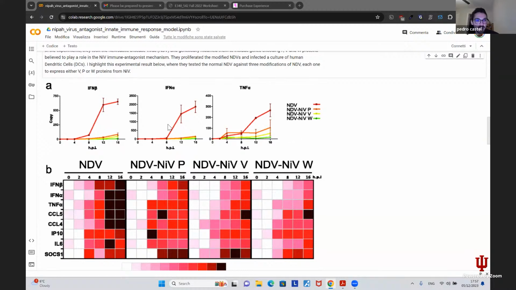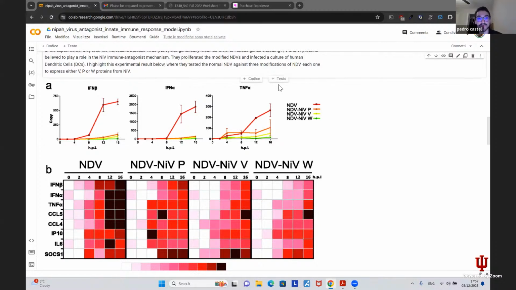Okay, so let's go back to the experimental results. NDV, the plain NDV without P, V, and W proteins, are the red curves. This is in human dendritic cells, in culture.